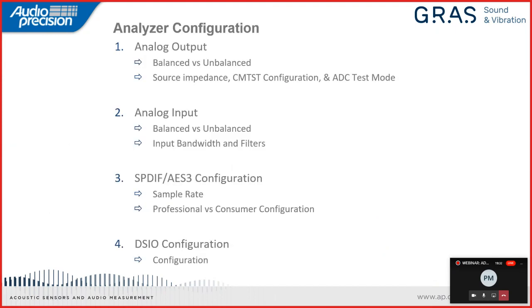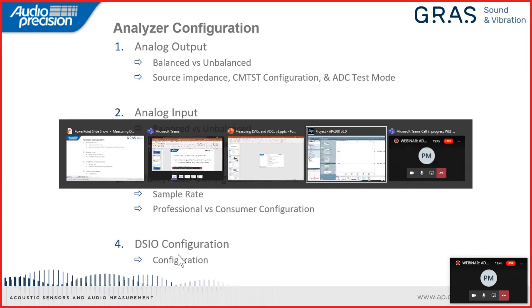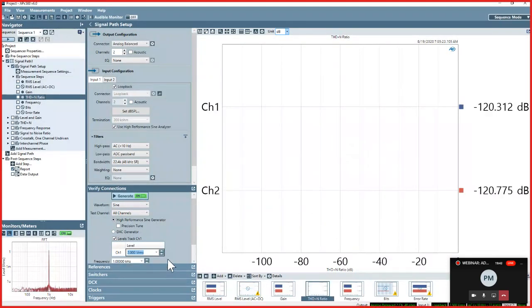Okay, so throughout this presentation, I'll be diving back and forth between APX software and this PowerPoint presentation. Let me take a moment to talk about the APX 555 itself and why we're looking at that today.